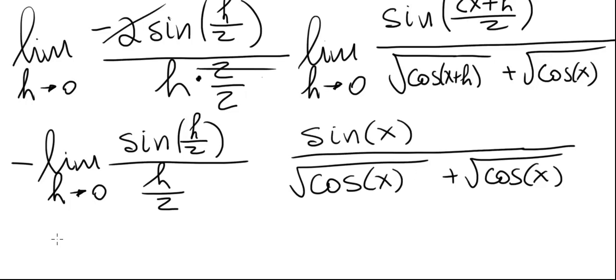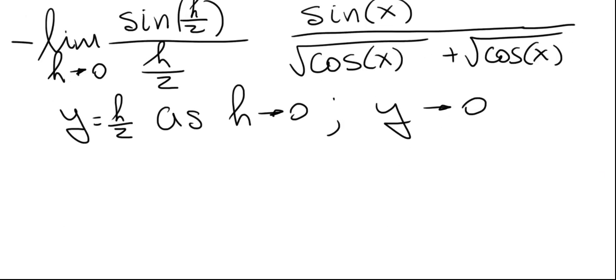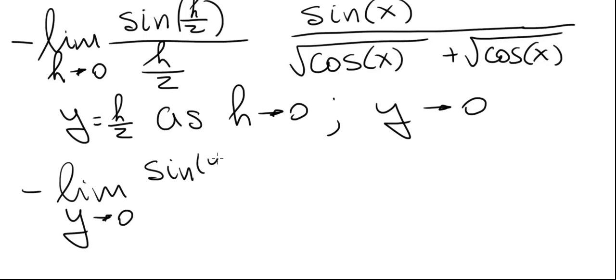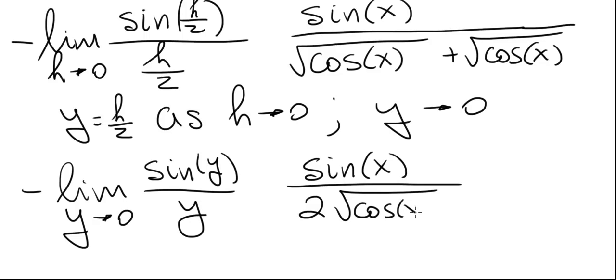Now here we'll make the substitution. Let y equal h over 2. We note that as h goes to 0, so does y, and we can rewrite this as minus the limit as y goes to 0 of sine of y over y, and then of course the second limit is computed already, that's sine of x divided by 2 times the square root of cosine of x.